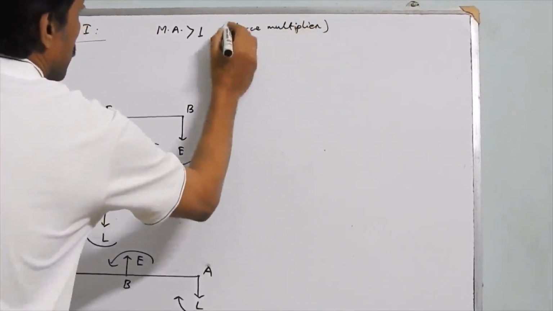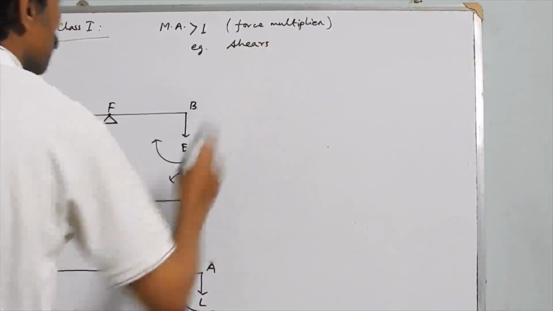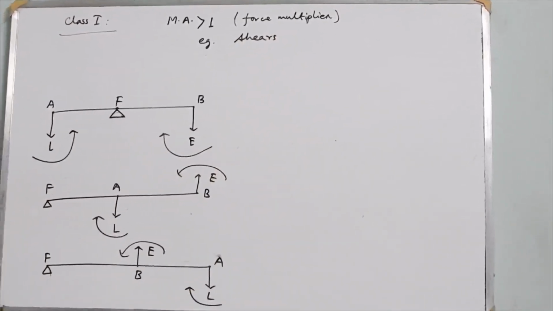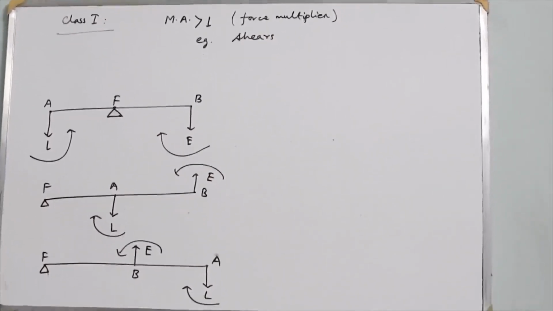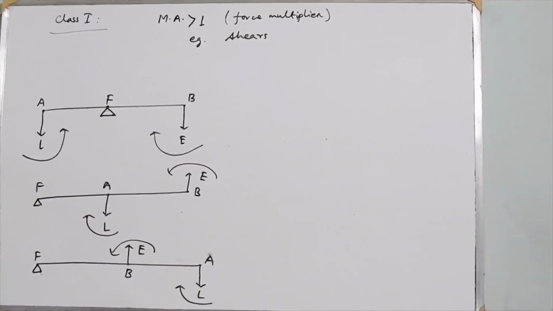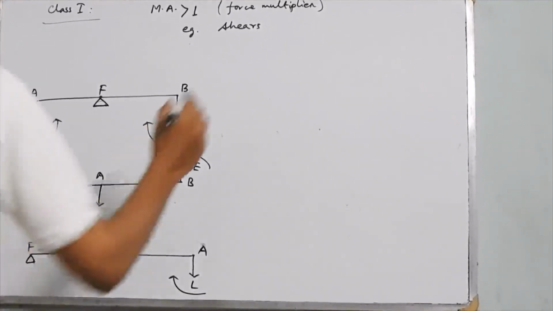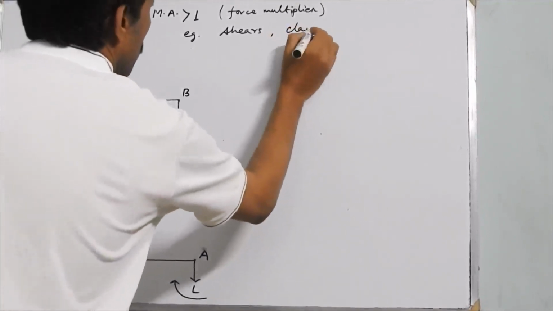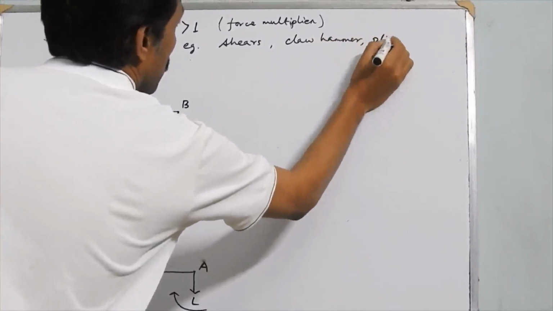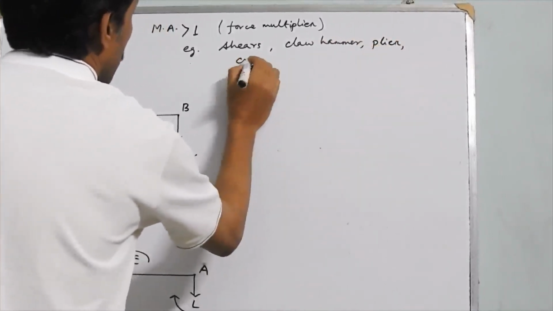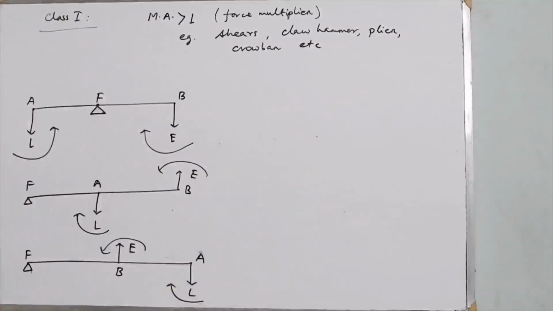And such devices are shears. The shears are used to cut metal sheets, and shears definitely have long handles as compared to the blades. So the effort arm is greater than the load arm. Not only that, claw hammer, plier, crowbar, all have mechanical advantage greater than 1.